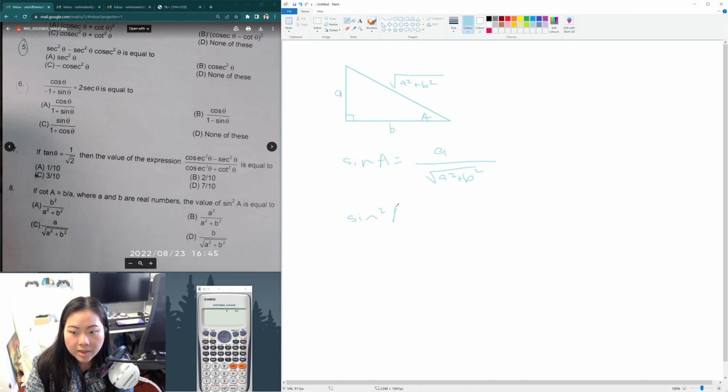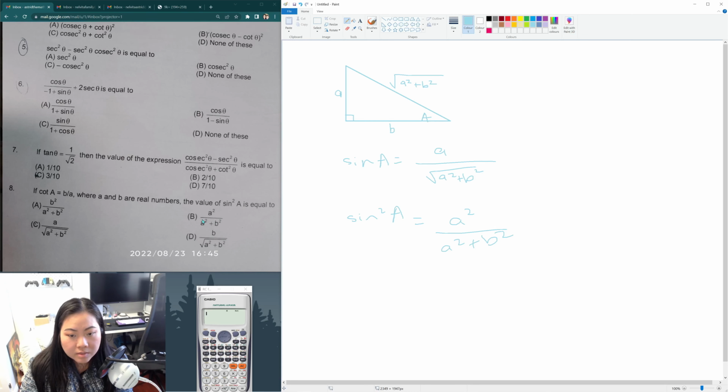So sine squared A would be this squared, which would be A squared over A squared plus B squared. Alright, I don't think there's a way you can substitute in for this one, but it's a relatively short working out. So if you can think of another way, again, put it in the comment, it'll help everybody.